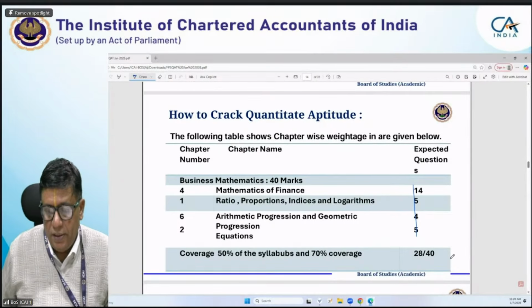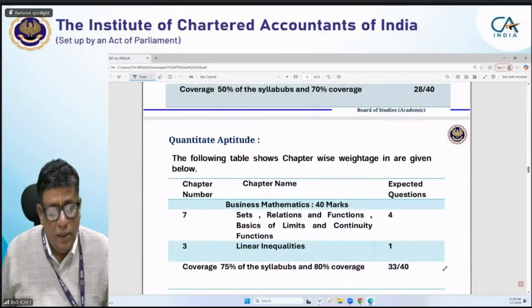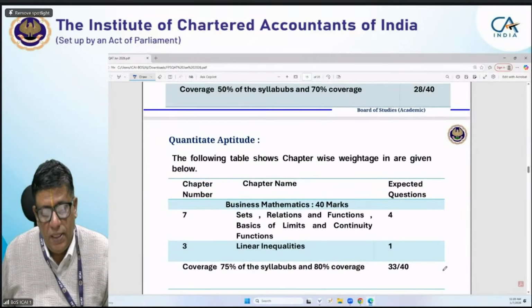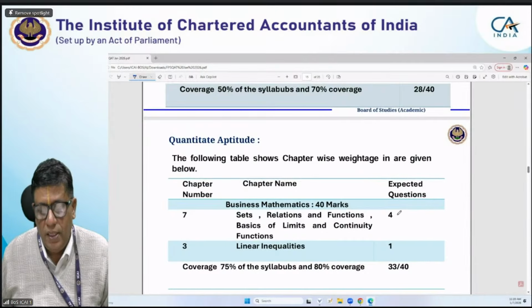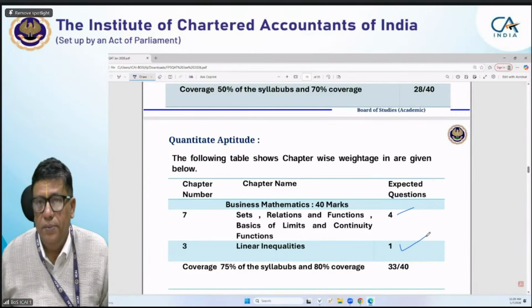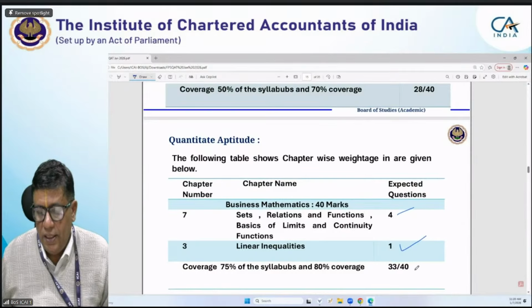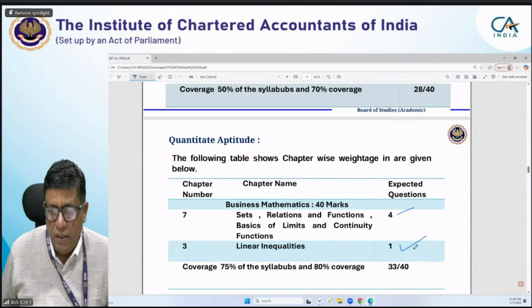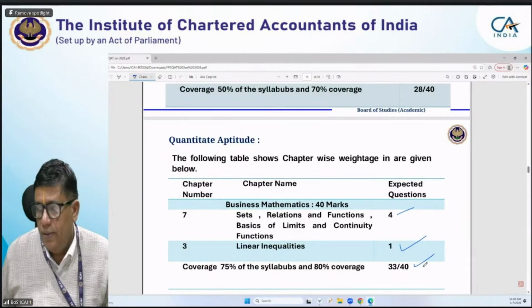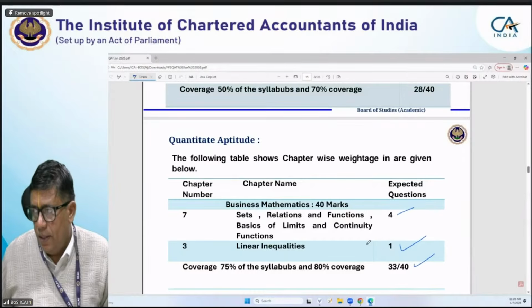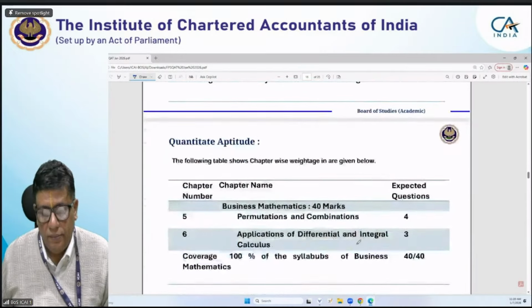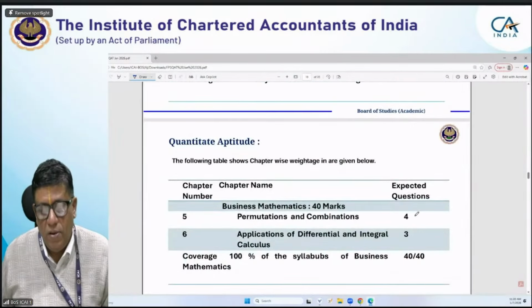Next one is sets, relations, functions, basics of limits and continuity. Functions, that is 4 questions. Linear inequality 1 question. That means 33 out of 40 questions. Next one is permutations and combinations. Permutation is expected to have 4 questions.